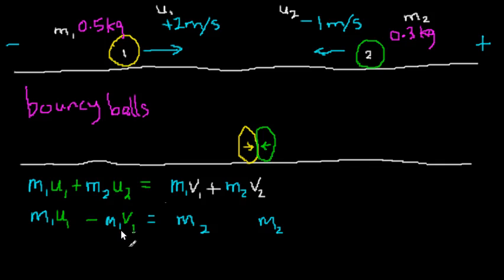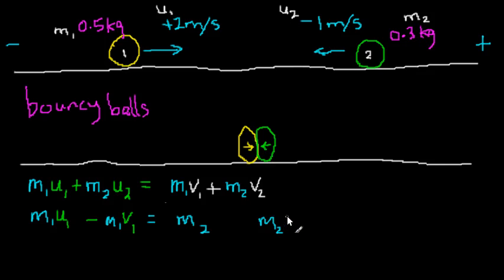So in this way, I've moved the momentum for the yellow ball, which has mass M1, to the left side. And now let me look at the green ball. For the green ball, the mass is M2, starting velocity is U2, final velocity is V2.